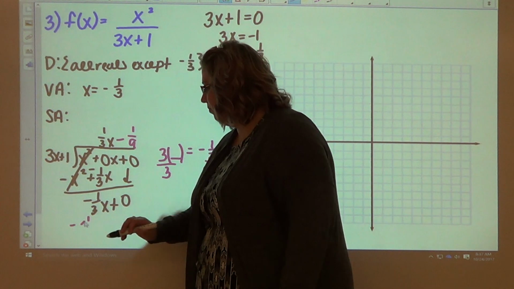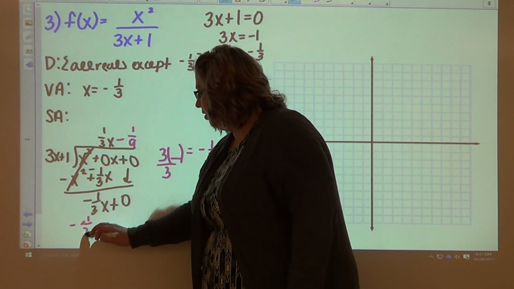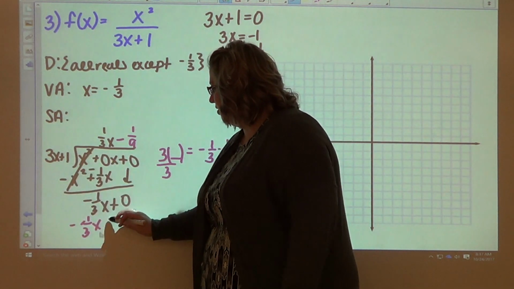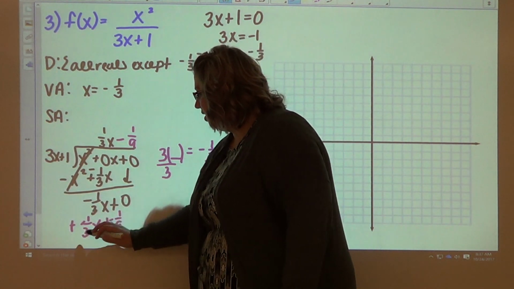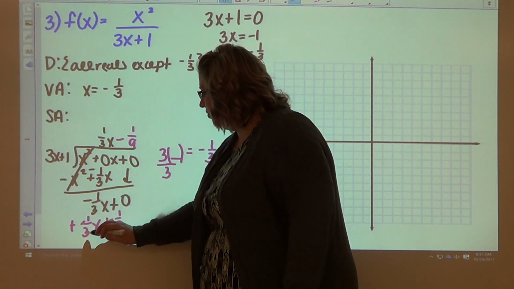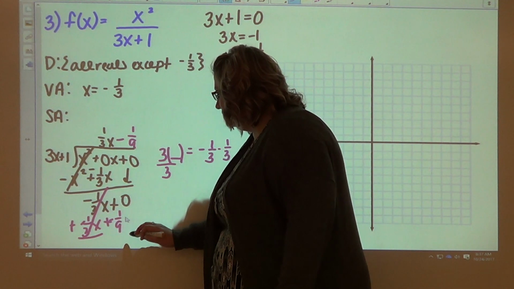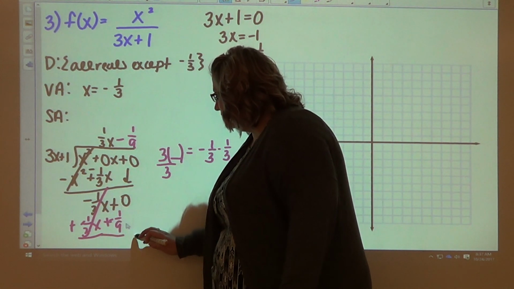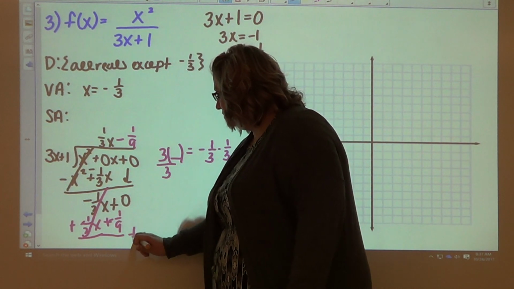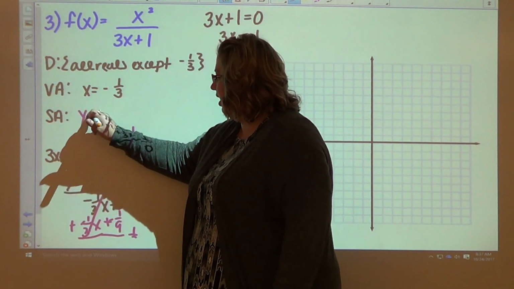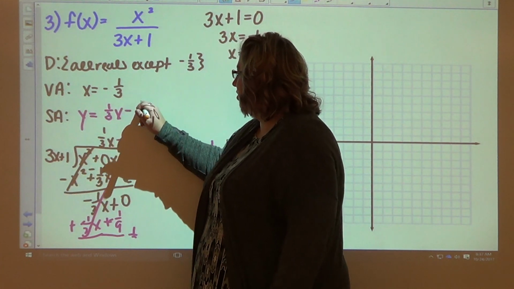And then -1/9 times 1 is -1/9. When I subtract, now these will cancel. So then I'm left with 1/9 as my remainder. Okay, and we don't care about remainders. So my slant asymptote is y equals 1/3 x minus 1/9.